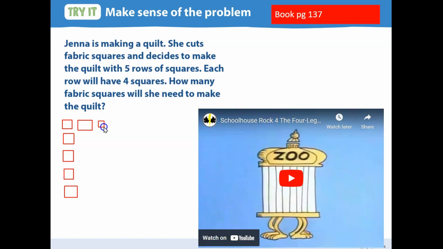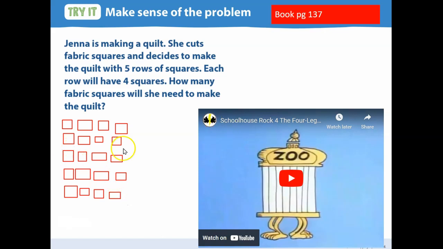So that's 2, 3, 4. They don't have to be perfect, but you get the point. How many fabric squares will she need to make the quilt?